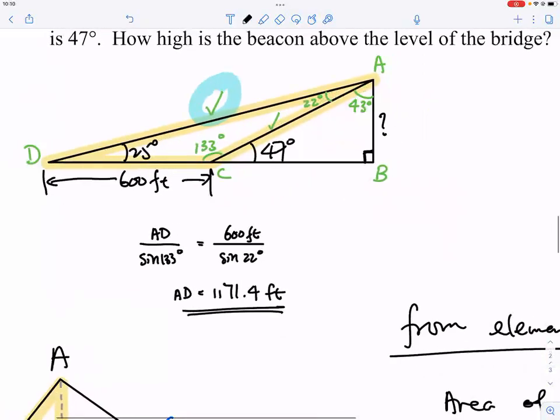That should make sense, since you have AD across the biggest angle, which is 133 degrees, so you expect something much larger than 600 feet.